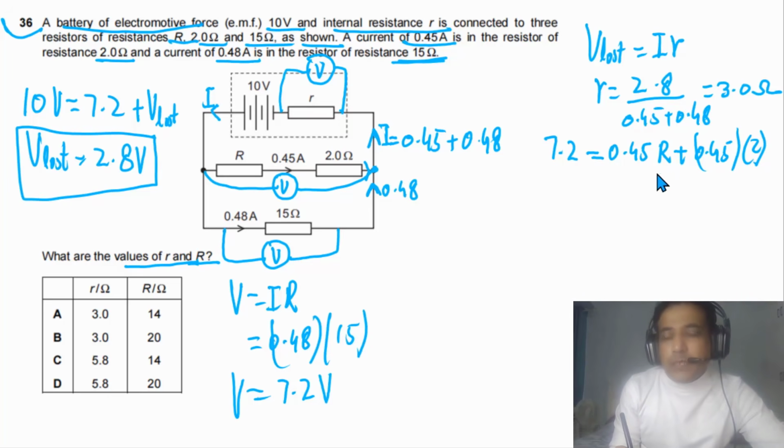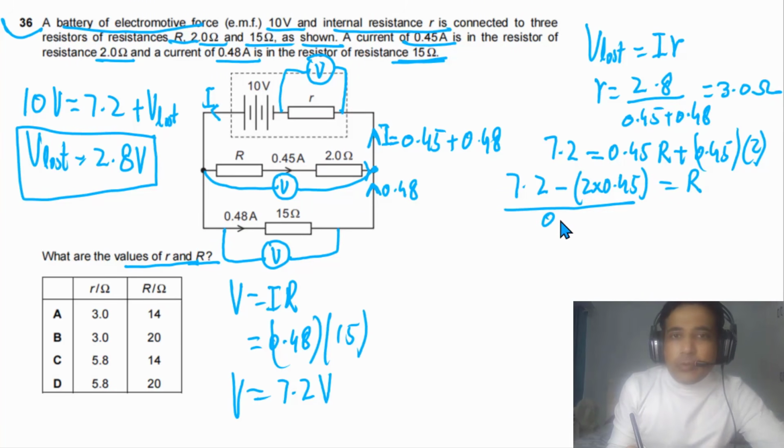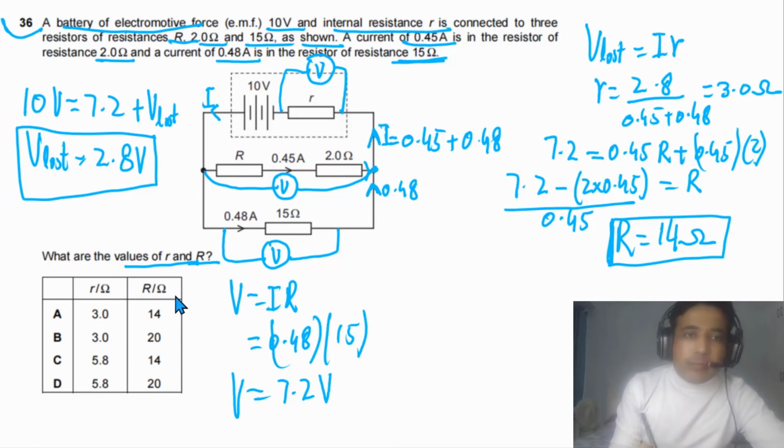Now we need to find out value of capital R. So simply we can simplify 7.2 minus 2 times 0.45, then this is equal to capital R divided by 0.45. So if we solve this one for R is equal to 14 ohms. So this is final answer. So this is value of capital R. So the answer for this question has to be A, because internal resistance is 3 ohms and resistance of capital R is equal to 14. So the answer is A.